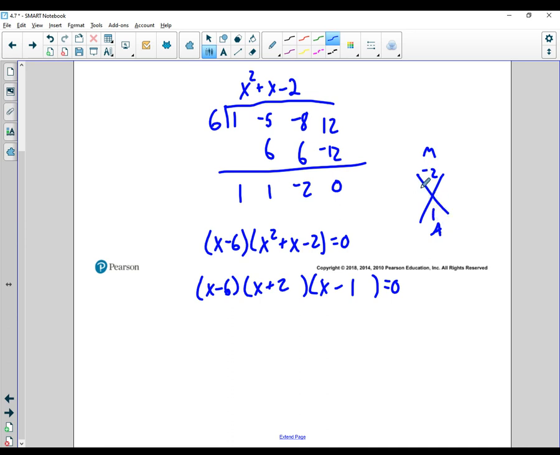And you really only have one option because the only thing that multiplies to 2 is 2 and 1, and then you just have to pick the right one, right? If we want to add to positive 1, that 1 should be negative. And then I'm not going to split it all up here, but the solutions would be 6, negative 2, and 1 because that's what would make each of those things 0 or the whole equation 0.